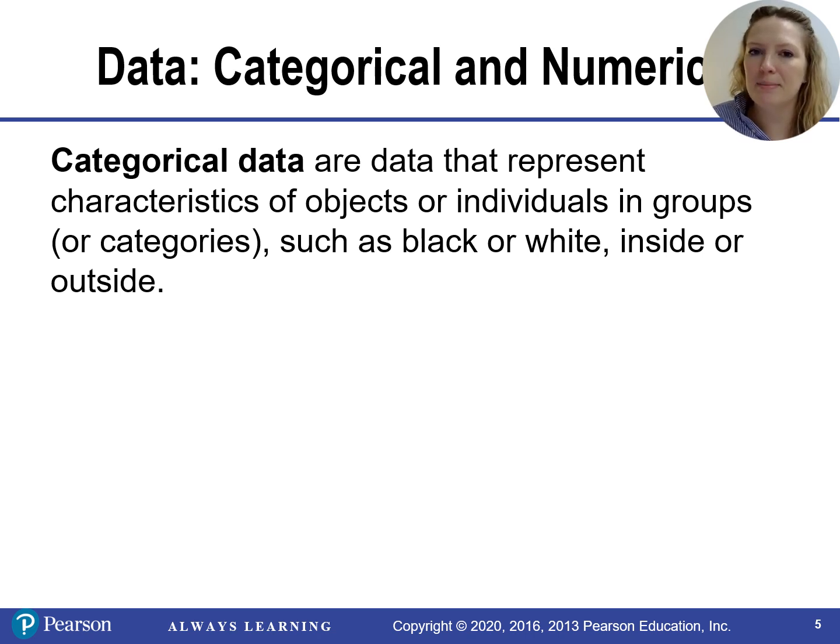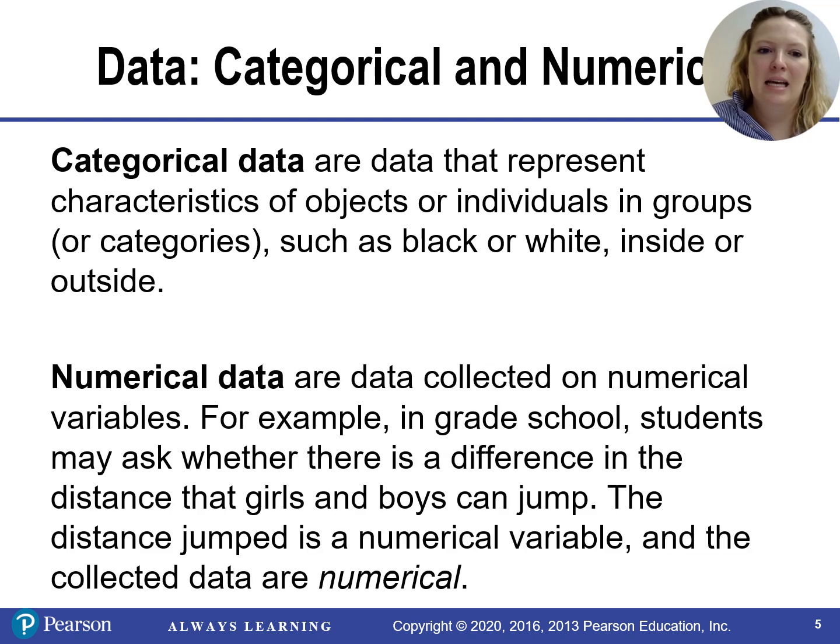So we have two different types of data that we first want to distinguish between. Categorical data are data that represent characteristics of objects or individuals in groups. So these could be black or white, inside, outside, students, non-students, parents, non-parents. But numerical data are collected on numerical variables.